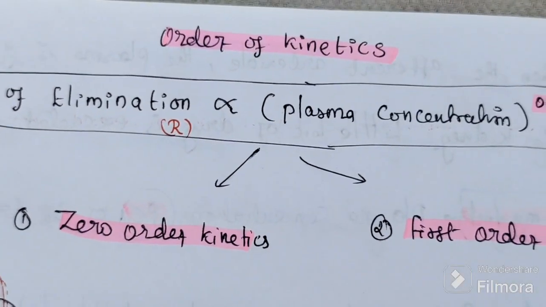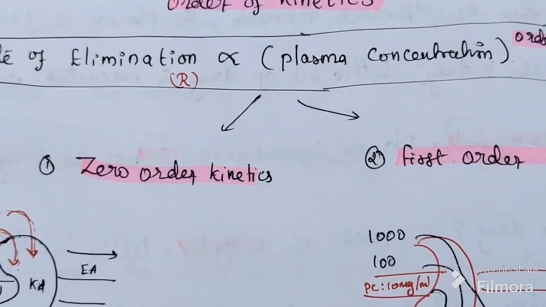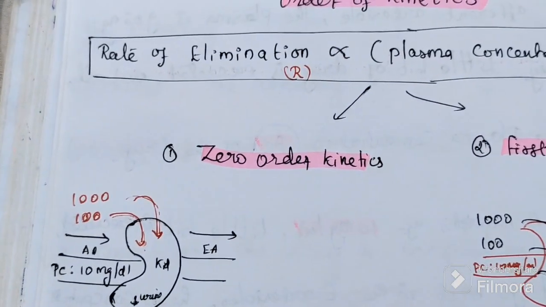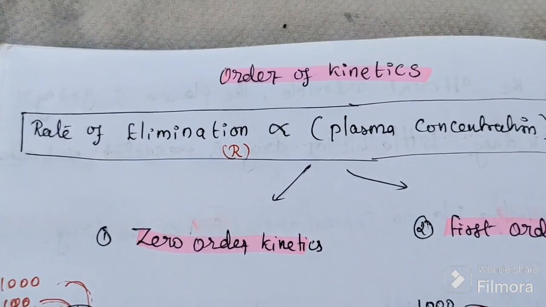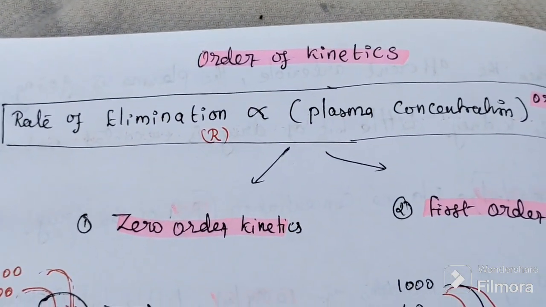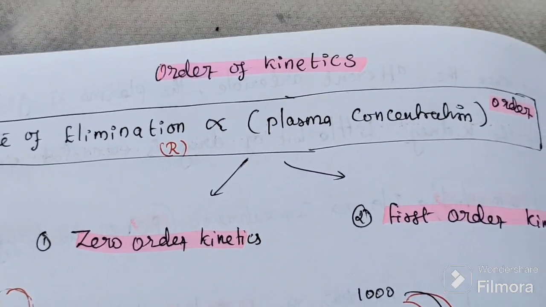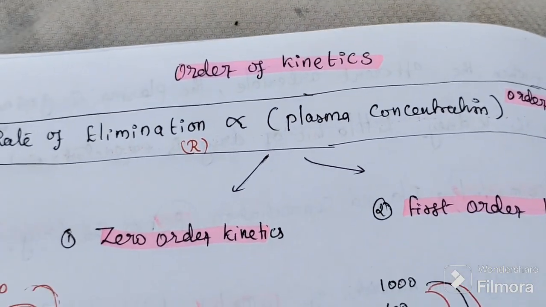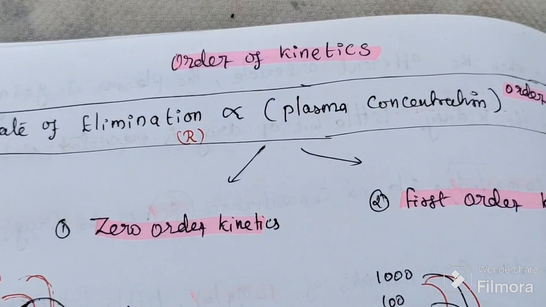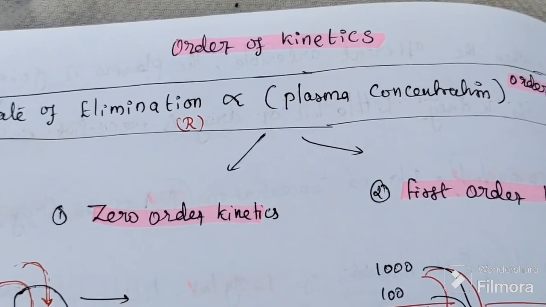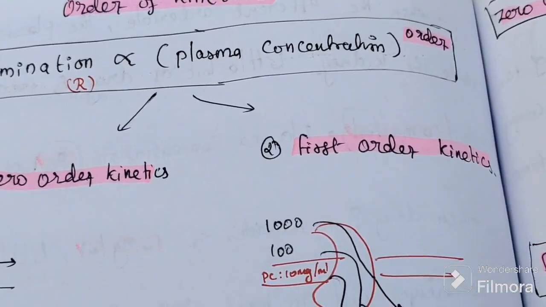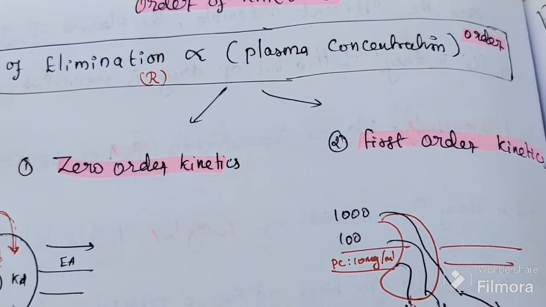Next, order of kinetics. See this image. Rate of elimination is directly proportional to plasma concentration. Two orders are there: zero order kinetics and first order kinetics.